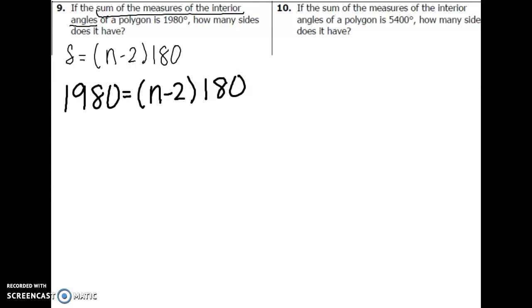You are multiplying by 180, so you can just start off by dividing both sides by 180. That gets canceled. Once you do 1980 divided by 180, you should get 11.